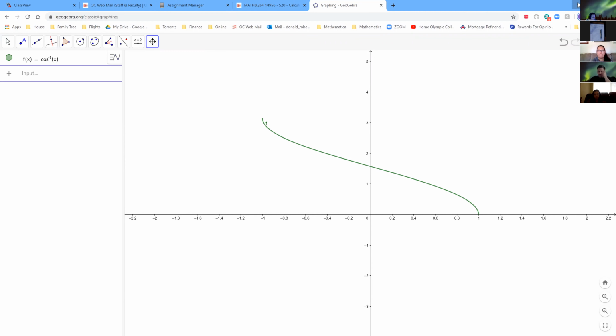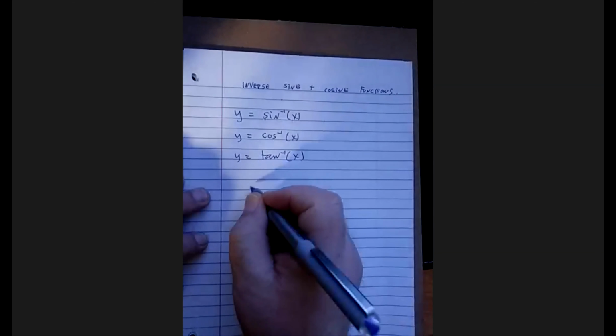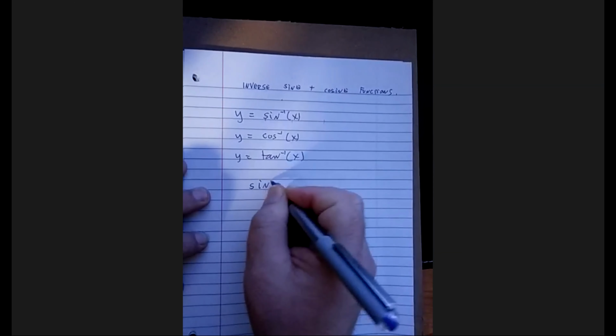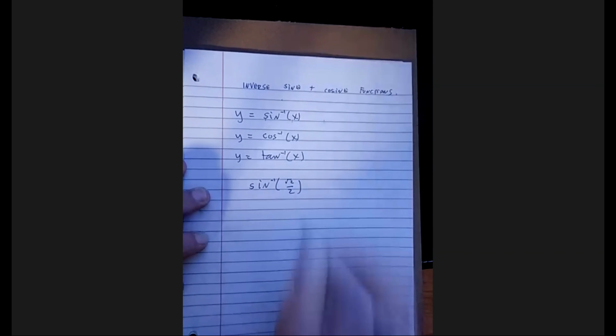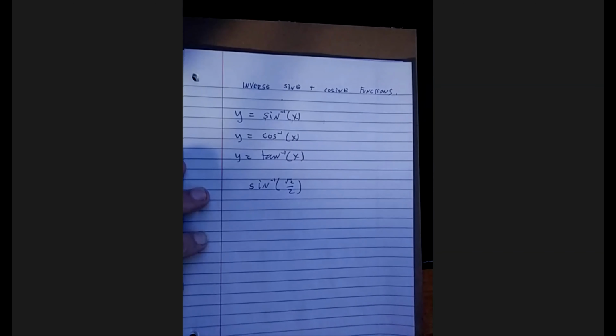Now let's get back to here and look at the types of questions you get. For the most part, they don't involve sketching them. They involve you finding the exact value of that. You can certainly plug that into your calculator, but all you get is some ridiculous 0.1234 kind of thing.